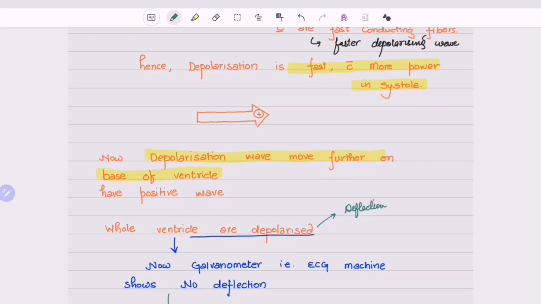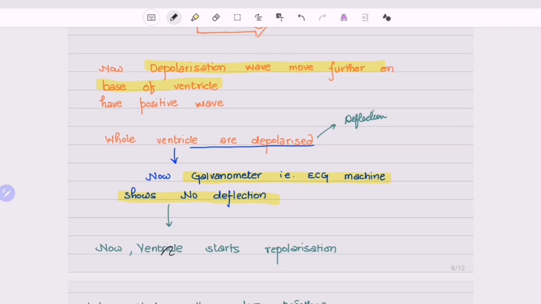As the depolarizing wave reaches the ventricle, the galvanometer gives a positive deflection, whereas when the whole ventricle is depolarized, the galvanometer needle gets stable at a point, which means no deflection is seen on the paper. As the ventricle gets fully depolarized, the time has come for repolarization. Since the ventricle has forcefully contracted, now is the time for repolarization and for the diastole period.